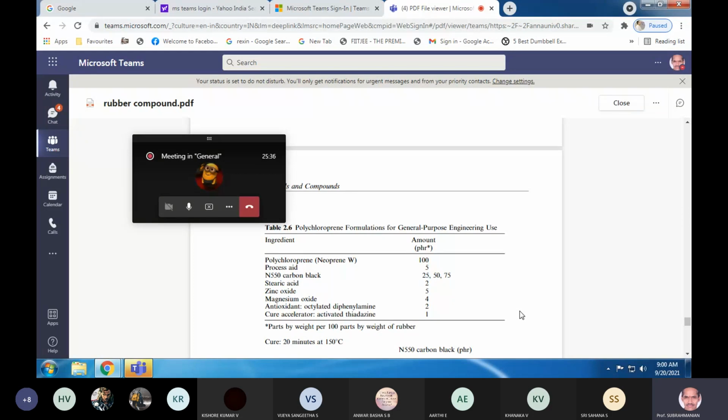Unlike the sulfurating agent, for chloroprene rubber it is a metal oxide. We often use zinc oxide and magnesium oxide in combination. Zinc oxide is a cross-linking agent, and magnesium oxide causes dehydrochlorination and acts as the acid acceptor, the HCl acceptor.